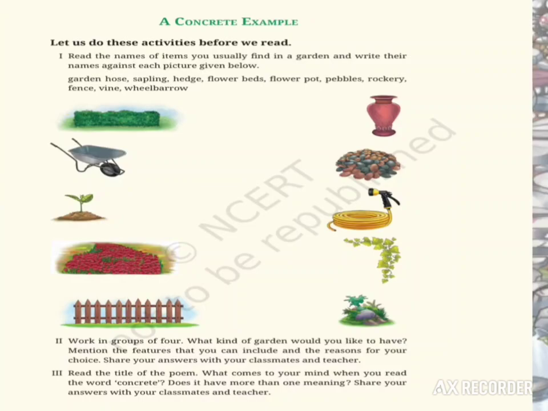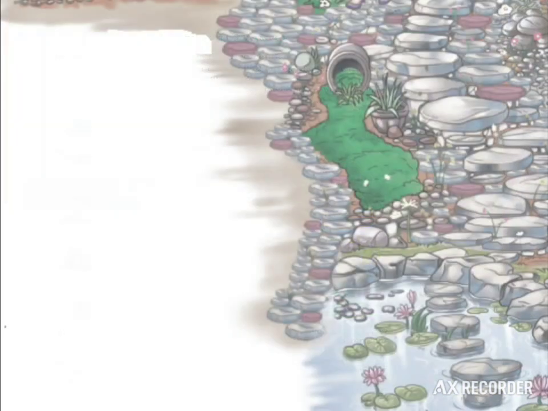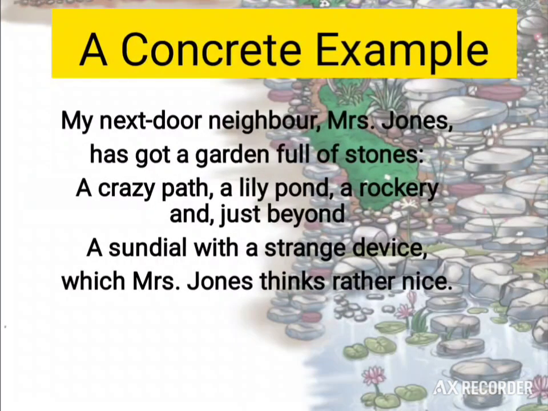Okay, now let's move on to the poem, A Concrete Example. Before we start the poem, let us discuss some points related to the poem. The poem is written in a very simple and lucid style. It is full of humor.